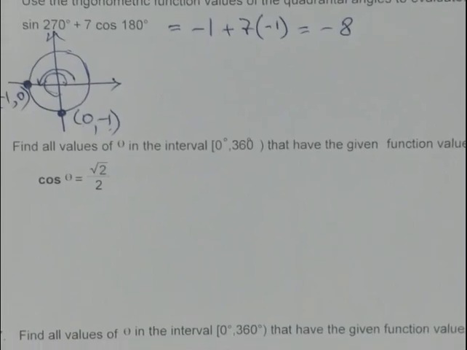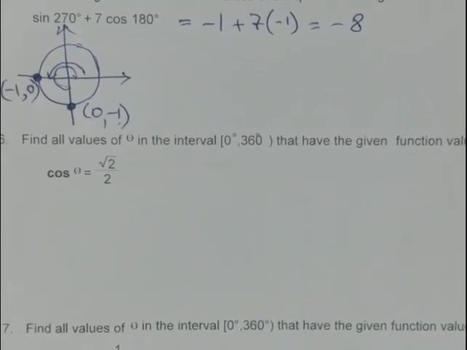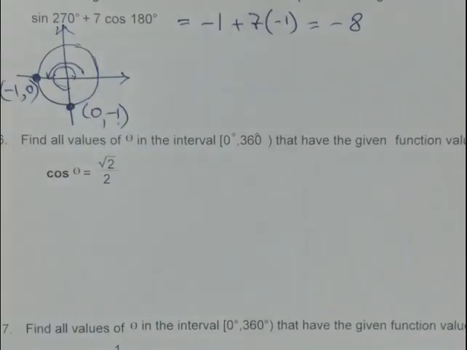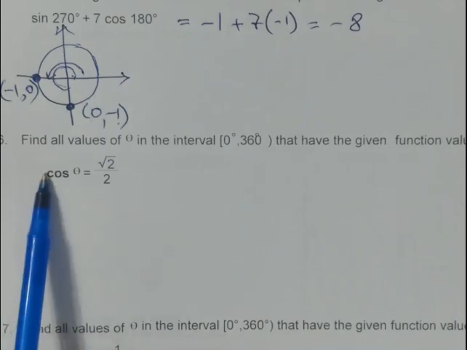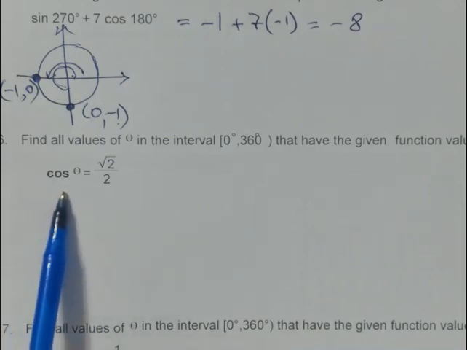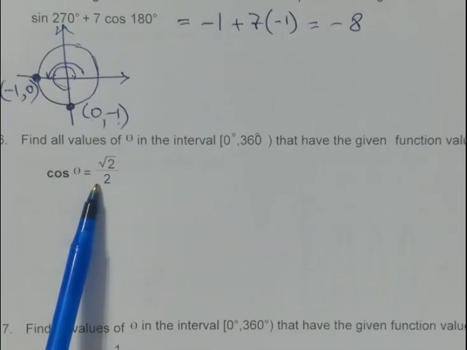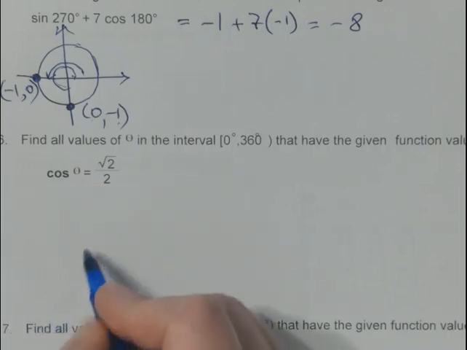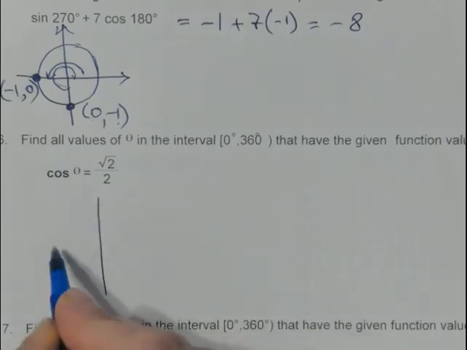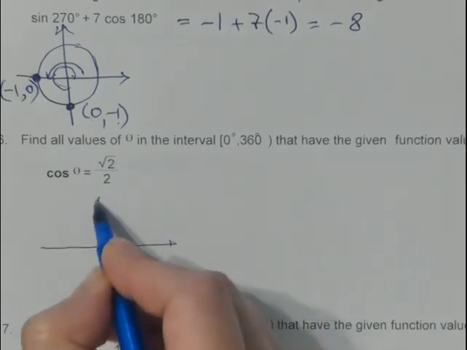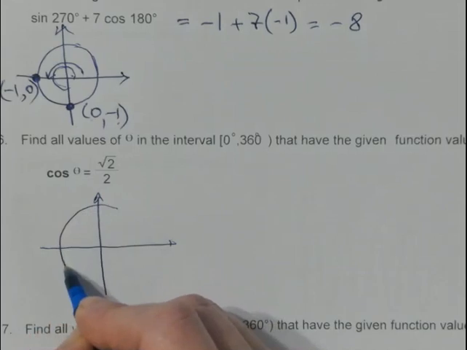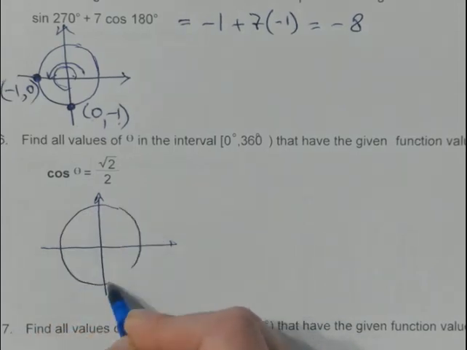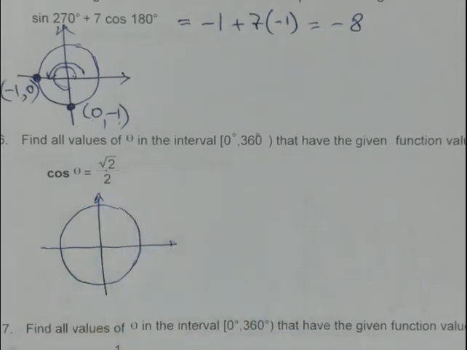Find the values of theta in the interval from 0 to 360 that have the given function value. Cosine theta is square root of 2 over 2. This is also a problem which is easy to solve using the unit circle. On the unit circle, we find the values with the given cosine.